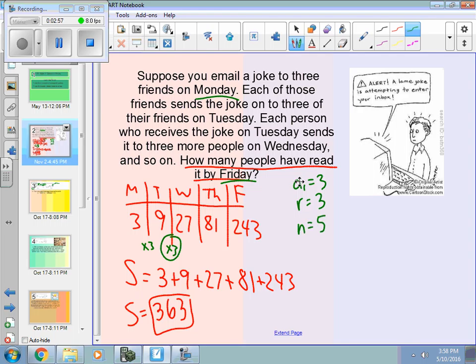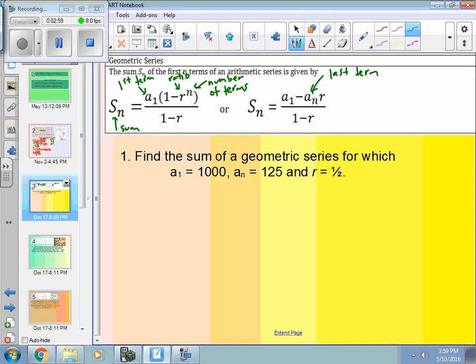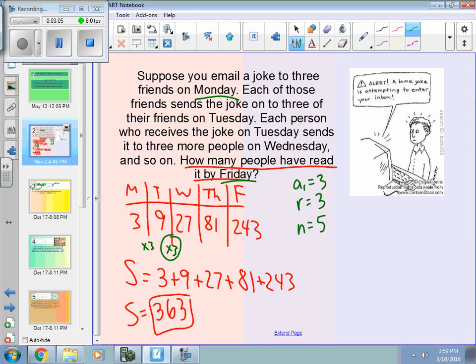So if we take this first equation and use that, we should be able to find the same answer using the formula. So the sum would be the first term 3, times 1 minus our ratio of 3 to the 5th power, all over 1 minus 3.